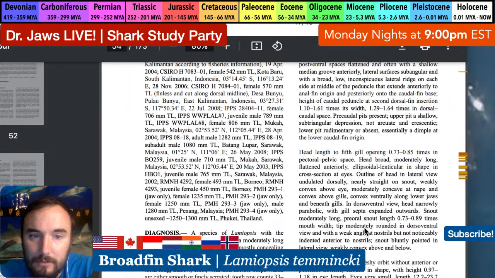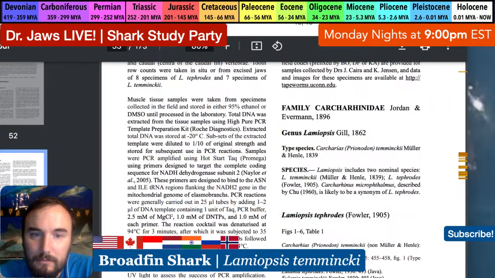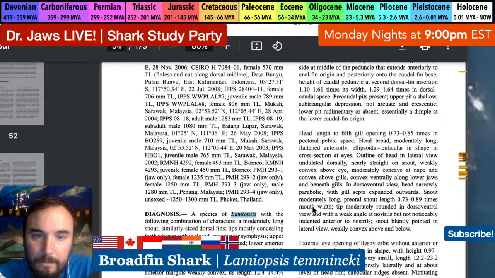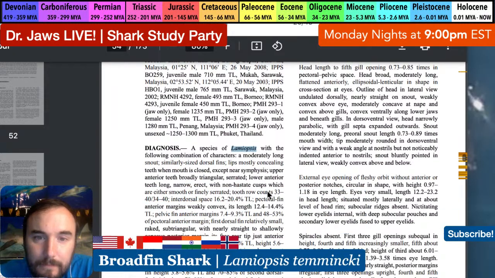Okay, we don't need to go into the material. Diagnosis, we won't read the whole thing, but for Lamopsis tephroides, it's a species of Lamopsis with the following combination of characters: a moderately long snout, similarly sized dorsal fins, lips mostly concealing teeth when mouth is closed, except near symphysis, which is like the little tiny middle tooth between the teeth in the jaws.